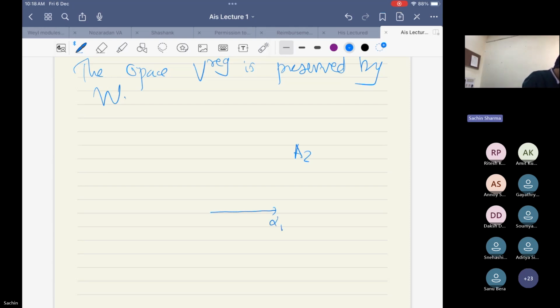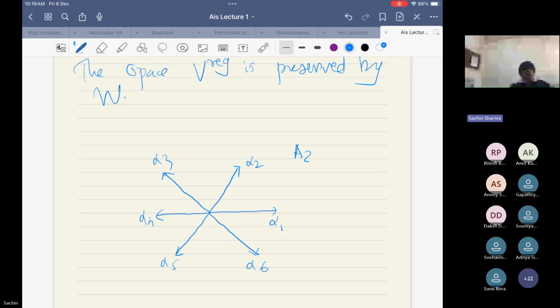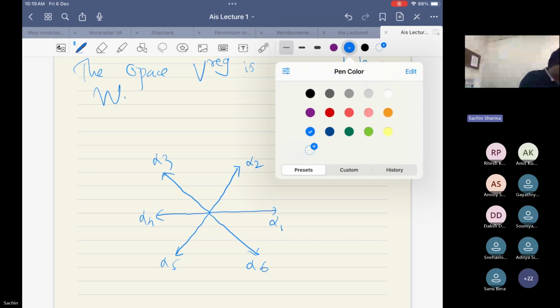Another root makes an obtuse angle of 120 degrees, and their addition is another root. So you have alpha 2, alpha 3, alpha 4, alpha 5, alpha 6. Now I just need to consider their hyperplanes.